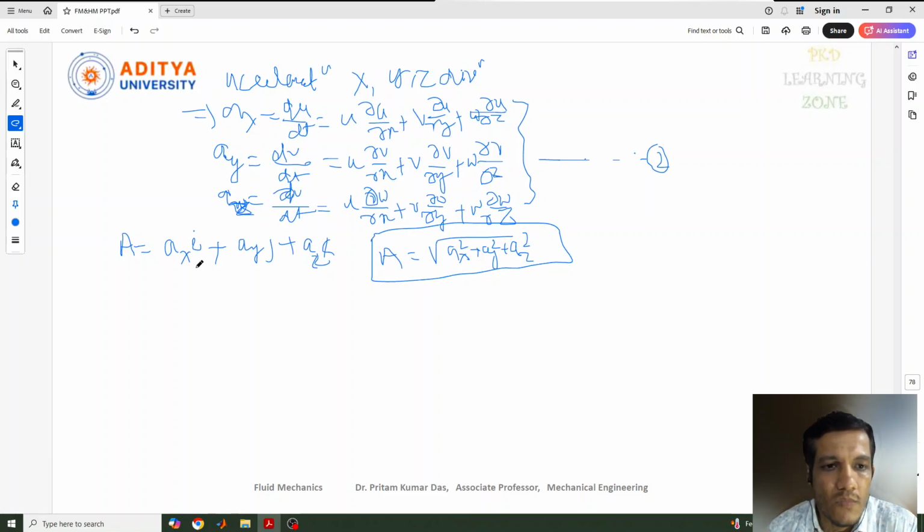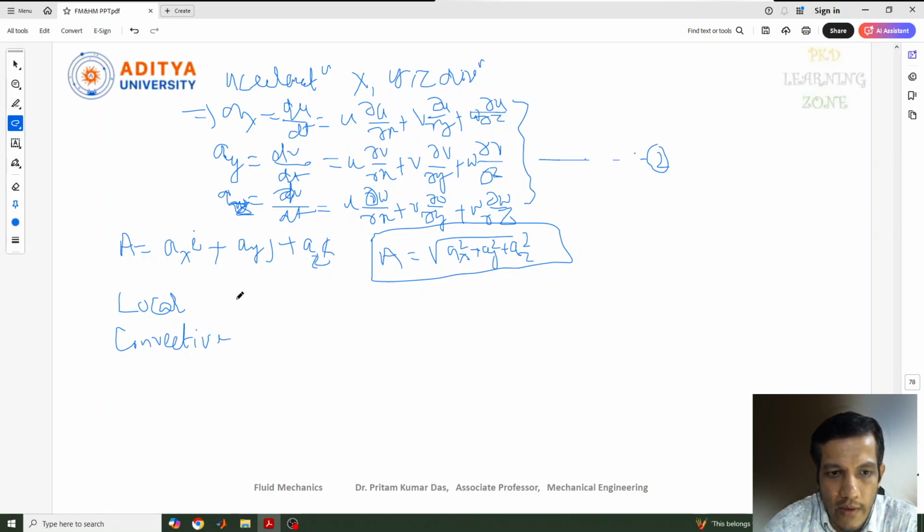Now in the same thing we got here, some different terms are there, like local acceleration and convective acceleration. Let me go back to the previous one. Two terms are there, local acceleration and convective acceleration.